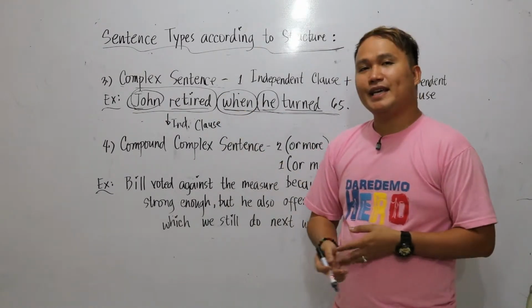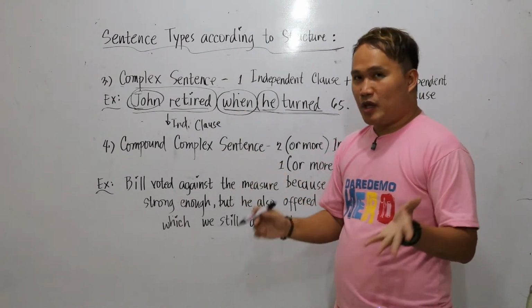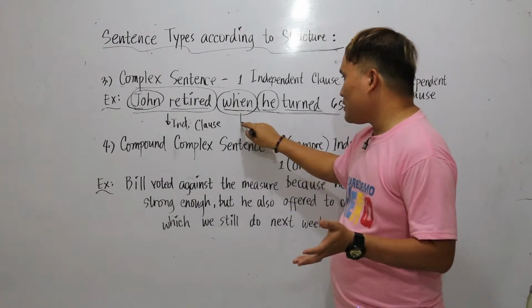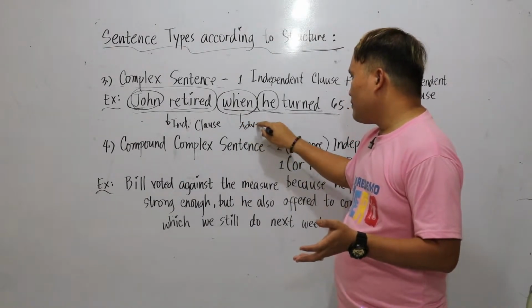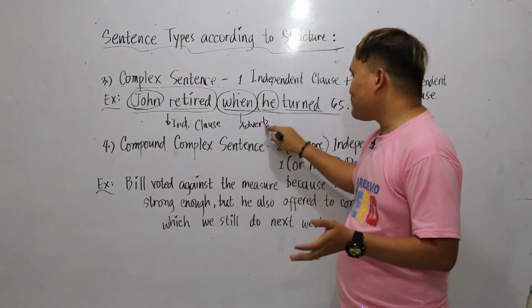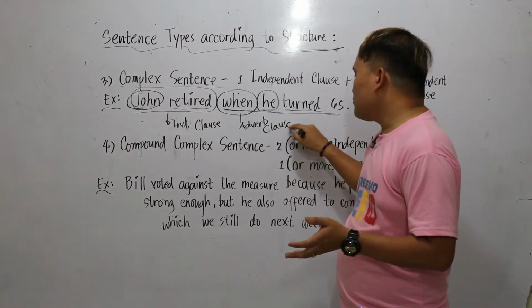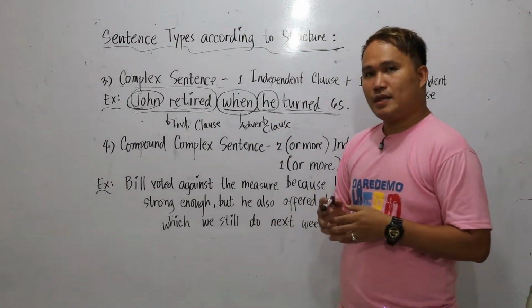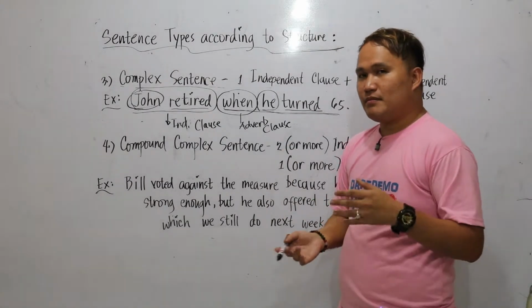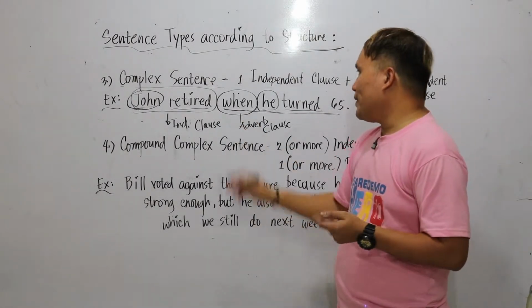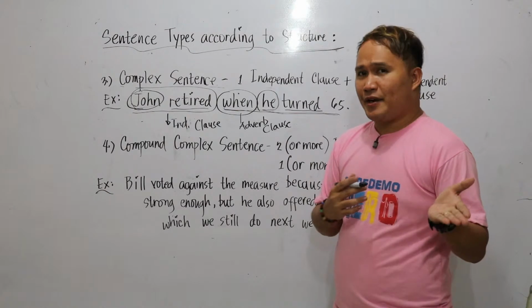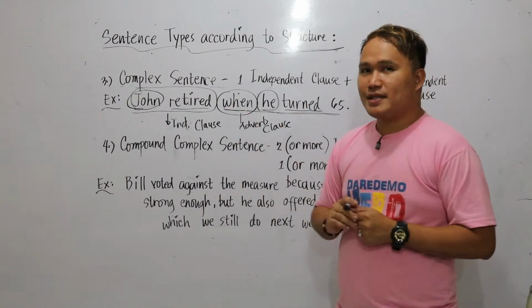This is an example of an adverb clause. It answers the question "when?" We're talking about time. So when did John retire? When he turned 65.